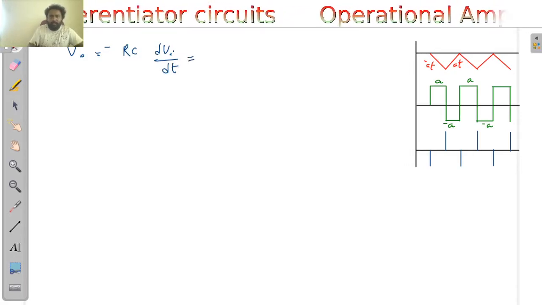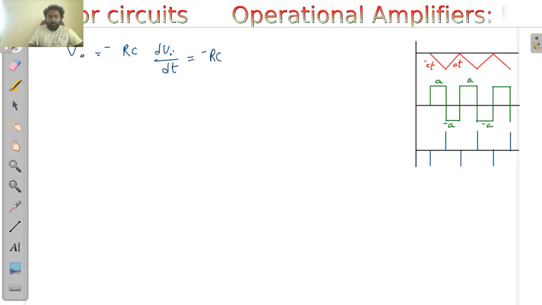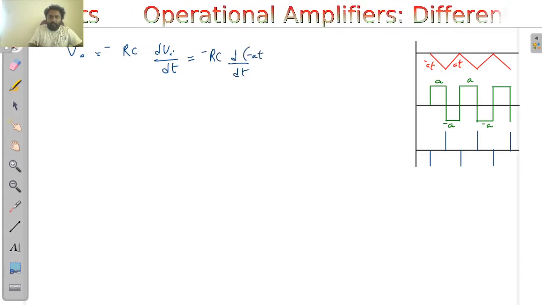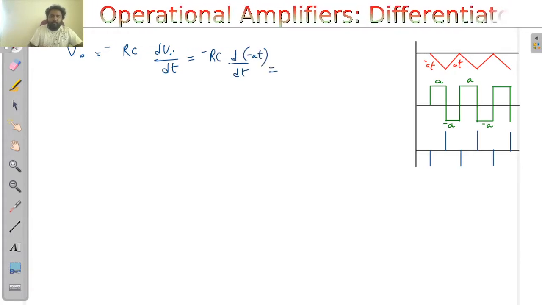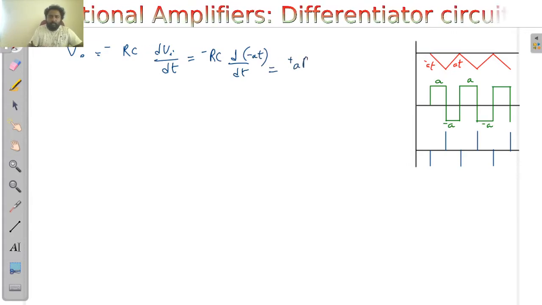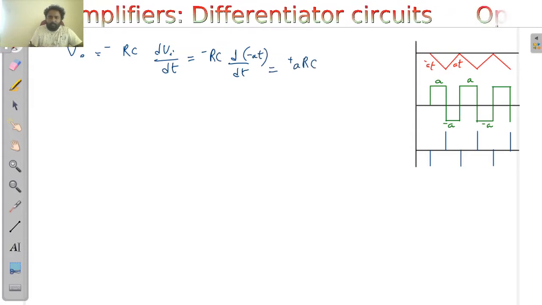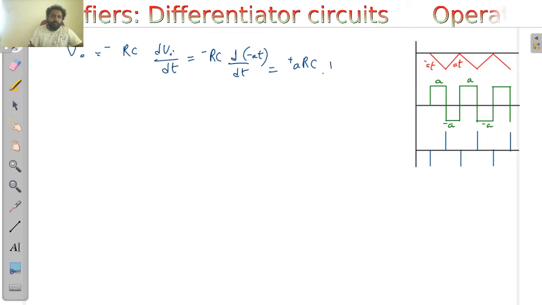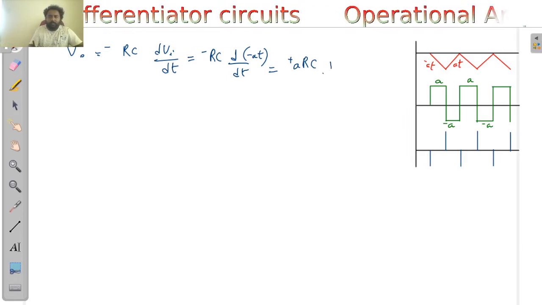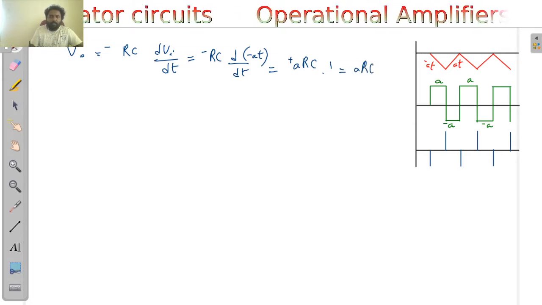Then you will be getting minus RC, and what is dVi by dt? d by dt of minus At. So that is minus times minus is plus ARC, dt by dt. dt by dt is 1. So it is just ARC. So this is a constant.